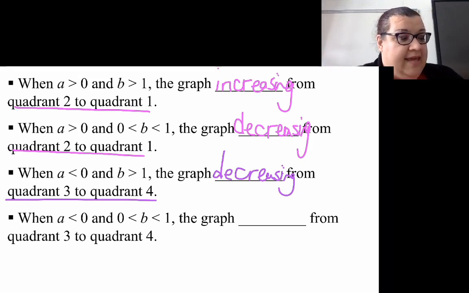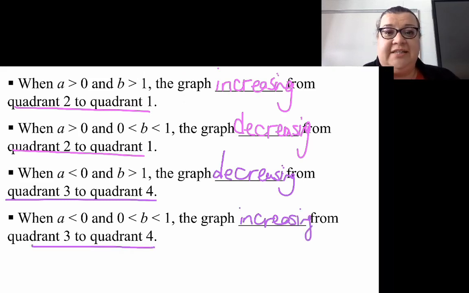When b is a fraction or a decimal between 0 and 1 and a is negative, we actually get an increasing graph when we go from quadrant 3 to quadrant 4. Okay, this is just summarizing all the stuff that we just looked at with our graphing calculators and in the previous chart. So we're just putting it all together.